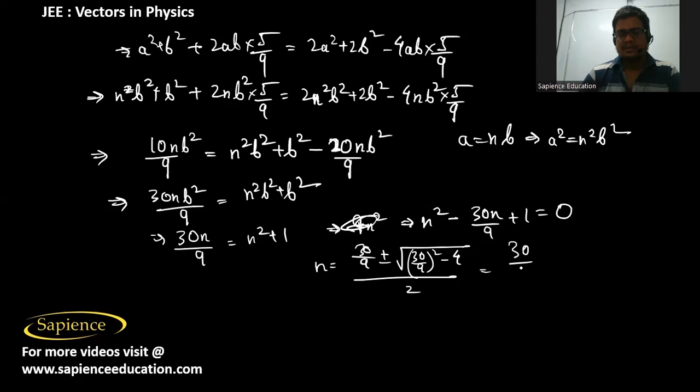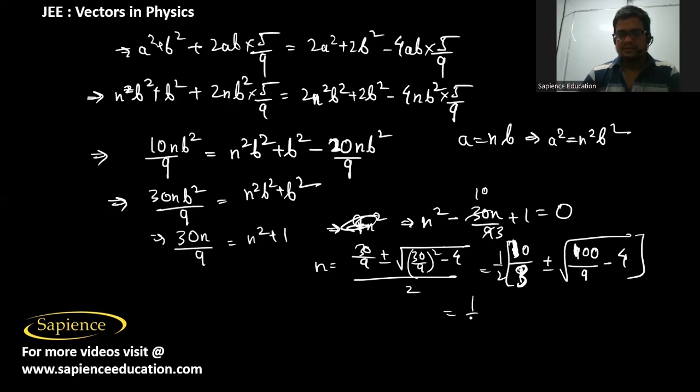So it will be half into 30 by 9, which is 10 by 3, plus or minus square root of 100 by 9 minus 4.